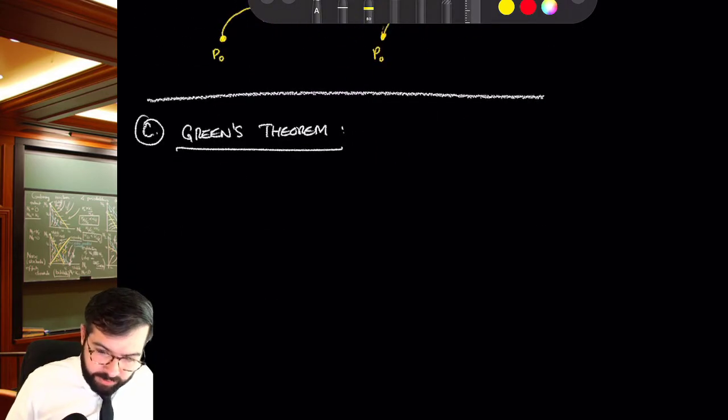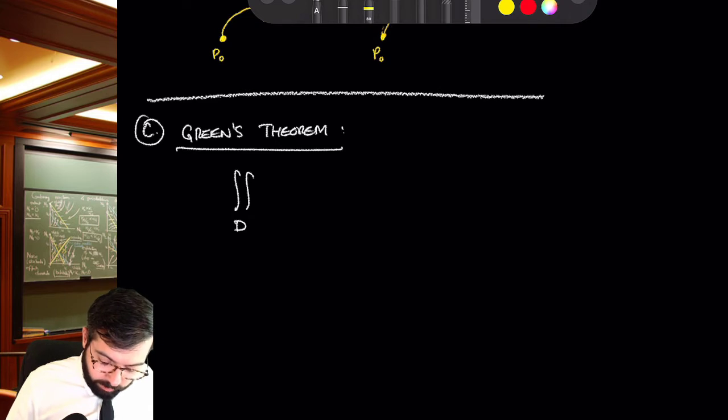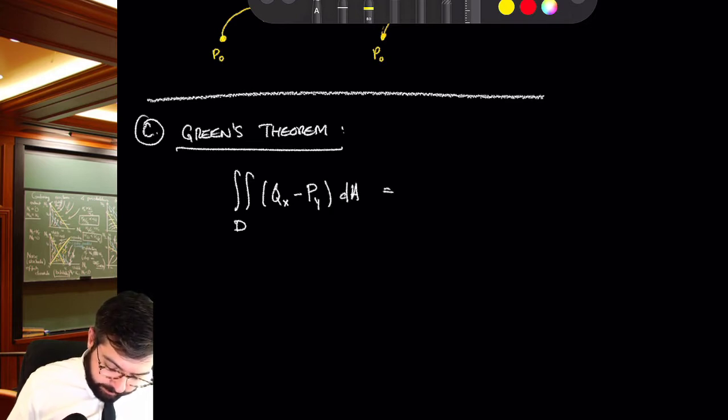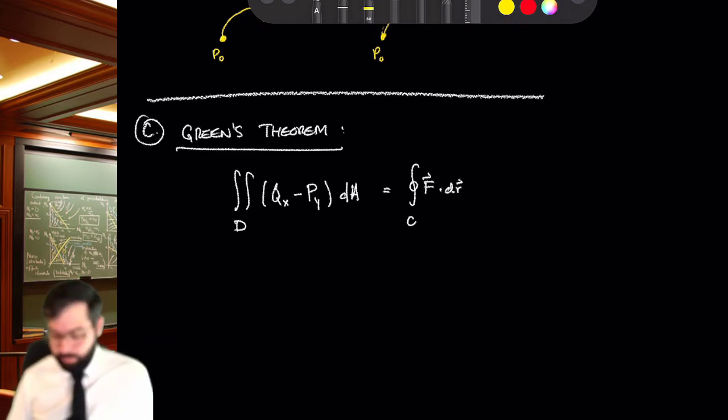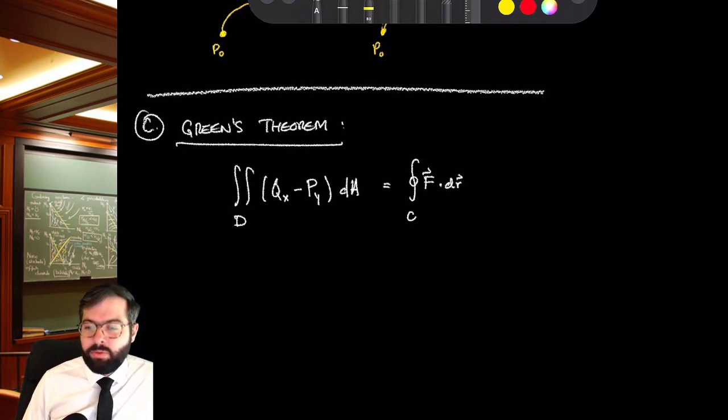It said if I take the double integral over a region D of this q sub x minus p sub y dA, this told us that this is equal to, around a closed curve, the integral of the vector field on that boundary.